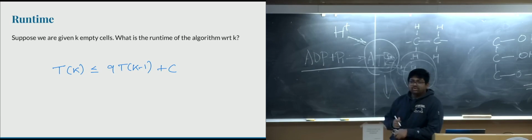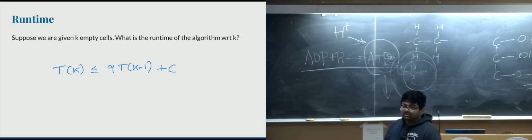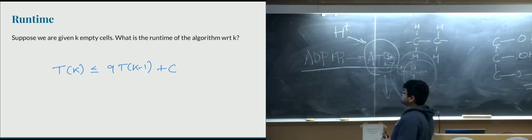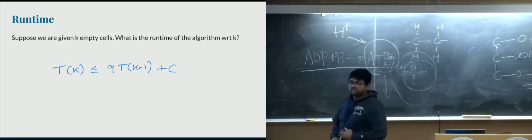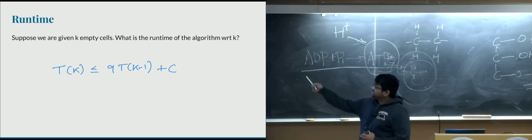I will wait for your response on this one. Yeah? So I didn't get it, sorry. There is 9 T of k minus 1.